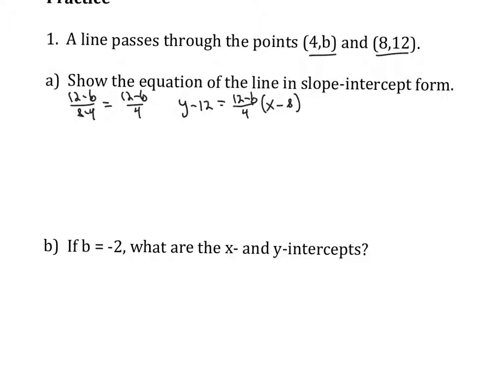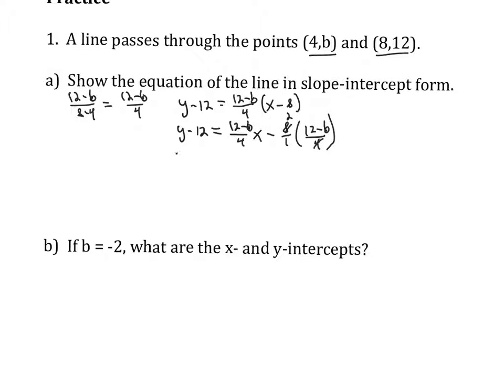To get it into slope-intercept form, we're going to multiply out and isolate the y. So we'll start by distributing on the right side. y minus 12 equals (12 minus b) over 4 times x, minus 8 over 1 times (12 minus b) over 4. And what we can see is that the 8 and the 4 will cancel out to leave us with 2.